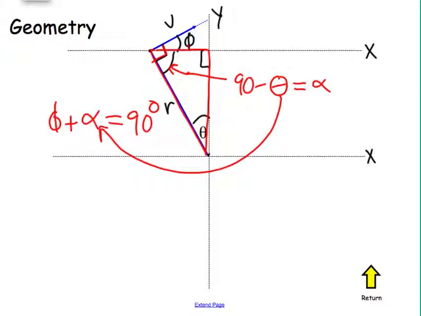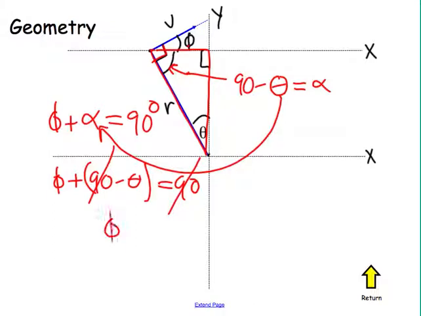That is 90 minus theta. So we have phi plus 90 minus theta must equal 90 degrees. I have 90 on both sides of the equation. They cancel out. I can bring the theta over to the other side, and lo and behold, I find that theta and phi are the same angle. So theta and phi are equal.